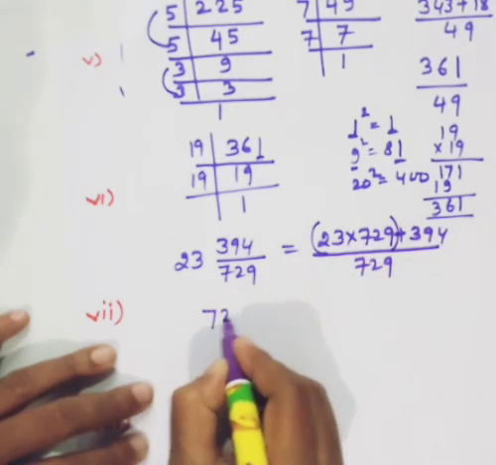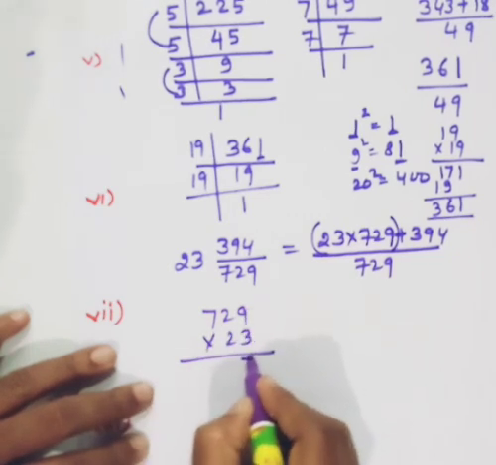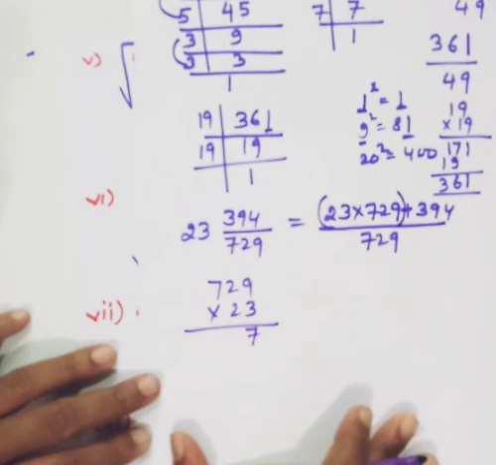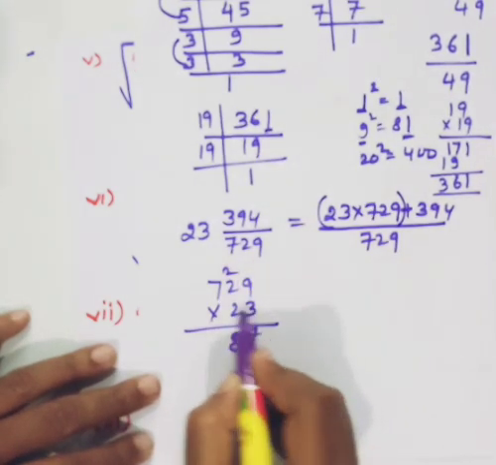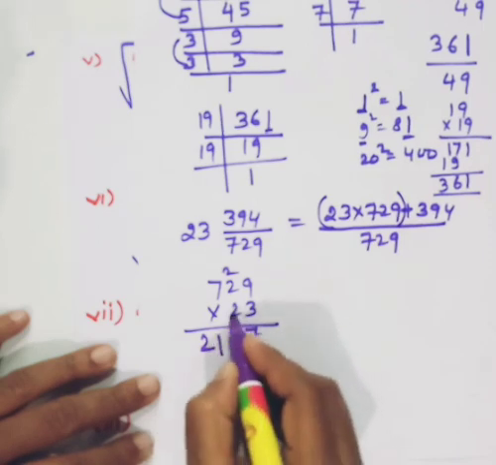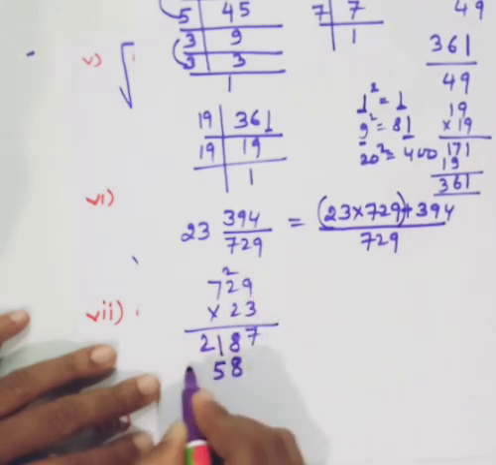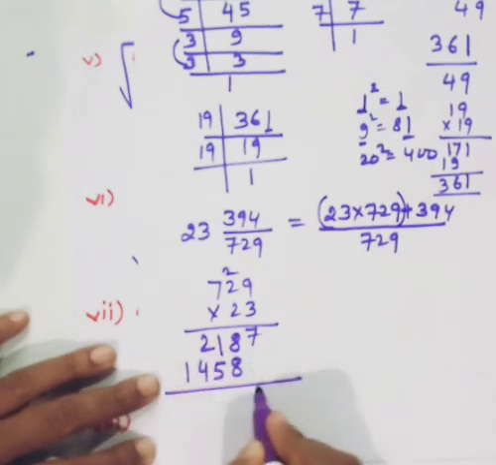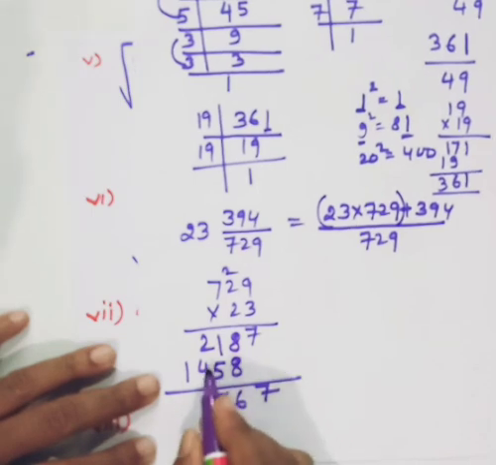Now see, 729 into 23. 3 9s are 27. 2, 3 2s are 6 and 2, 8. 3 7s are 21. 2 9s are 18. 1, 2 2s are 4 and 1, 5. 2 7s are 14. 7, 8, 8. 16, 6, 1, 6 and 1, 7. 2 and 4, 6 and 1.